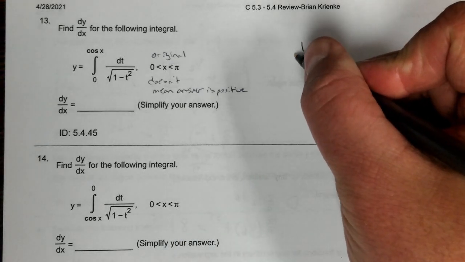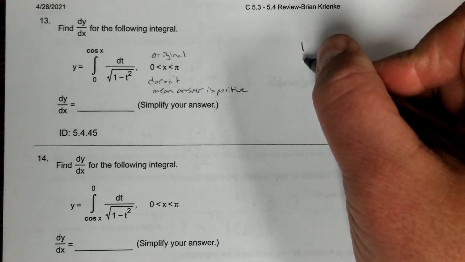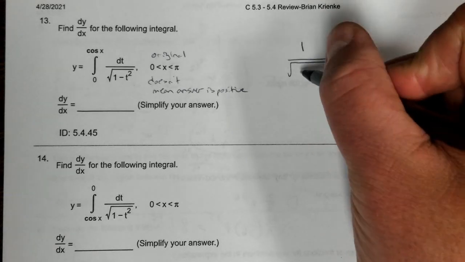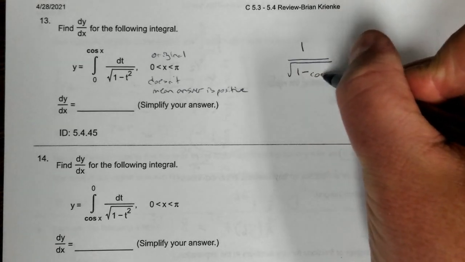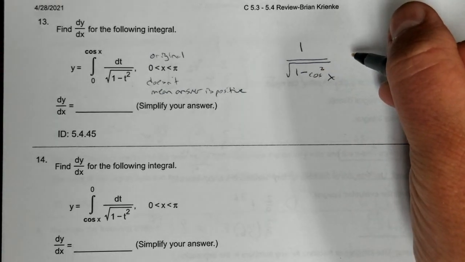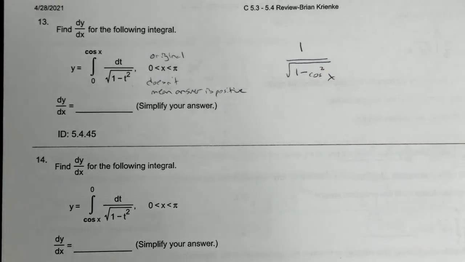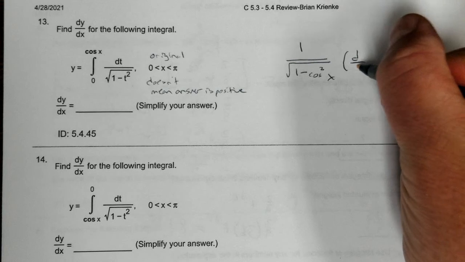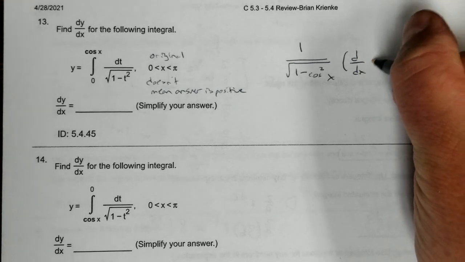So first we're going to call it 1 over the square root of 1 minus cosine squared x, and then you need the derivative with respect to x of cosine x.